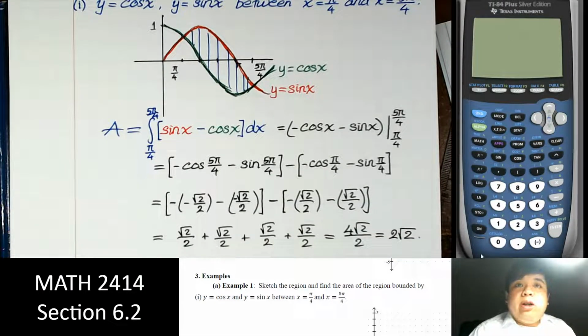So let's check real quick. Pi over 4 to 5 pi over 4, sine minus cosine, oops, right, and then 2.